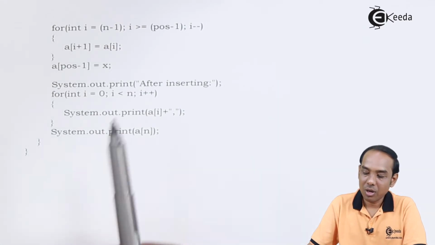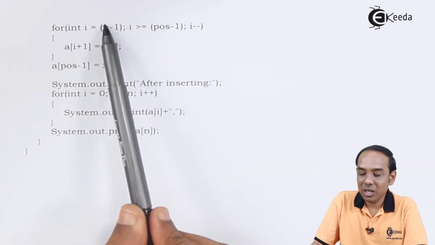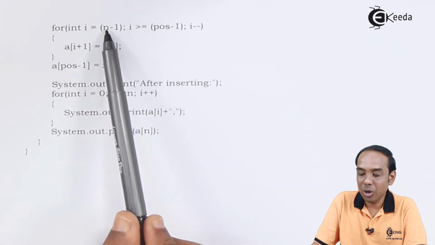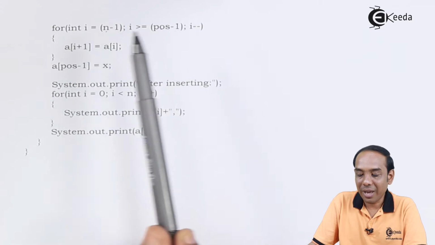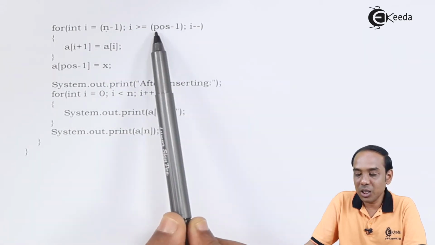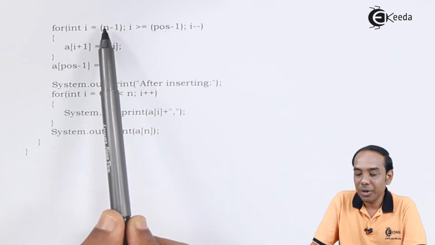Let us begin. I take for int i equal to n minus 1, that is the number of elements minus 1. The i will start from n minus 1 and it should go up till position minus 1. So we have i greater than or equal to position minus 1. The position value is taken from the user and the n value is also taken from the user.